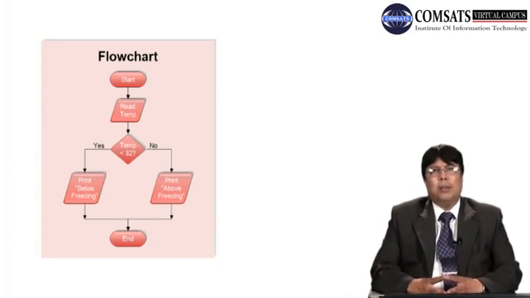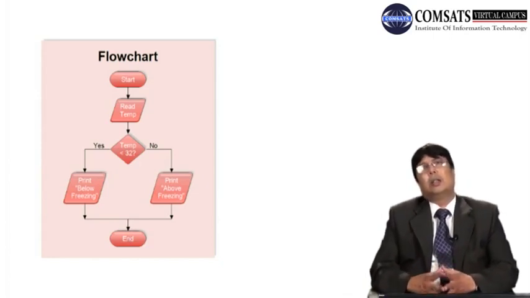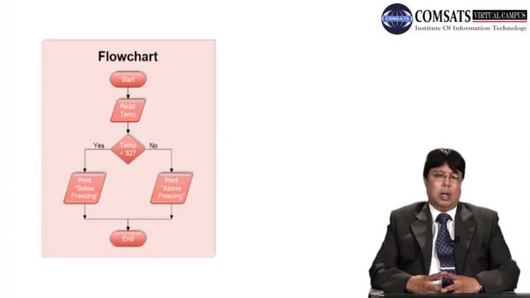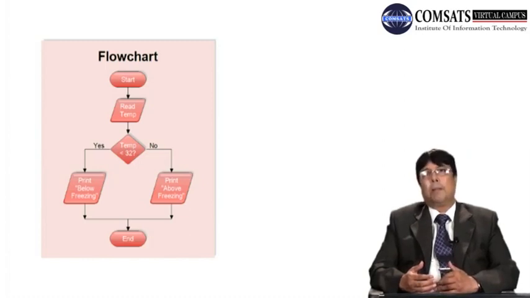You may have more than one exit in the flowchart, but it is usually considered a good practice to have one in and one out. Means एक start और एक end होना चाहिए.